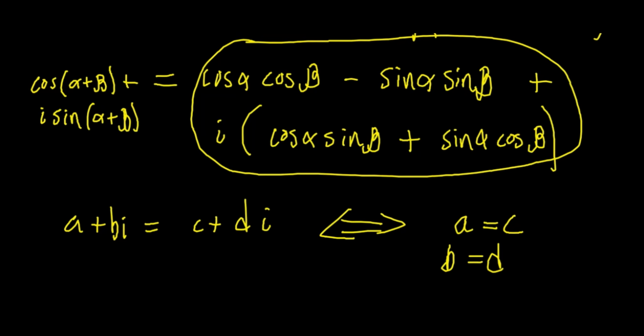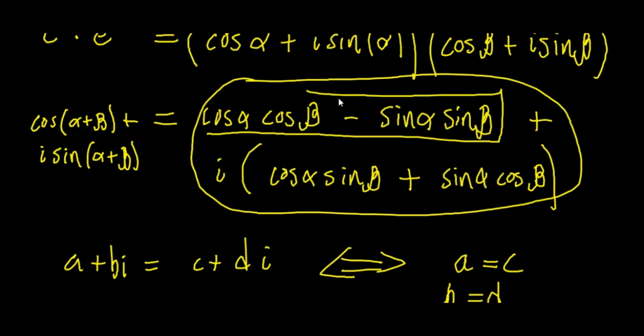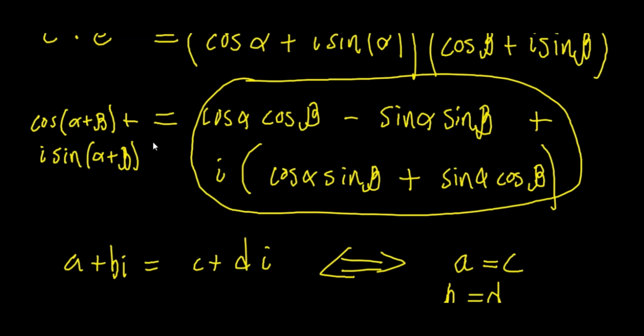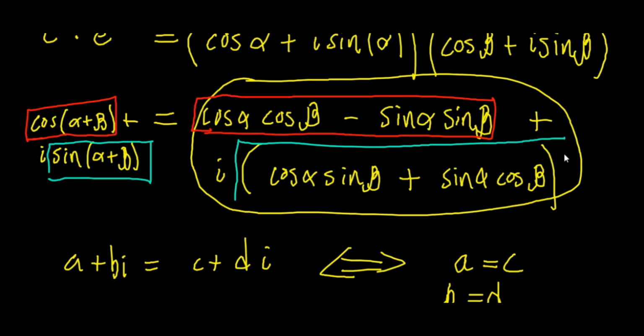So in this case, cosine of alpha plus beta is equal to this guy, the part that is not multiplied by i, and sine of alpha plus beta is equal to this guy, the part that is multiplied by i.